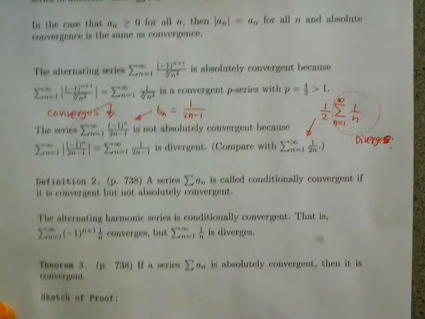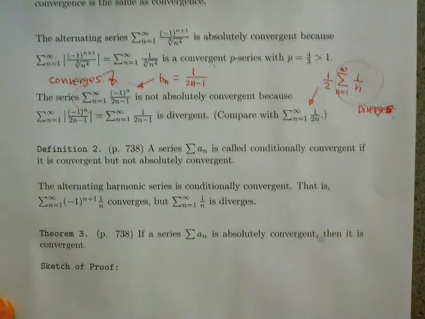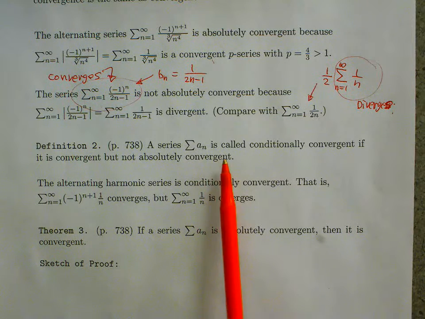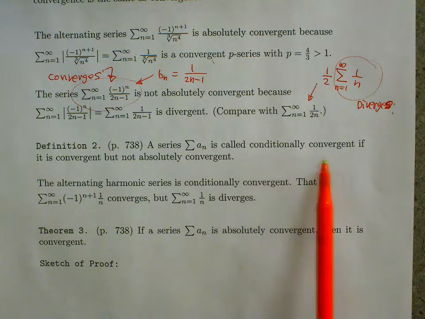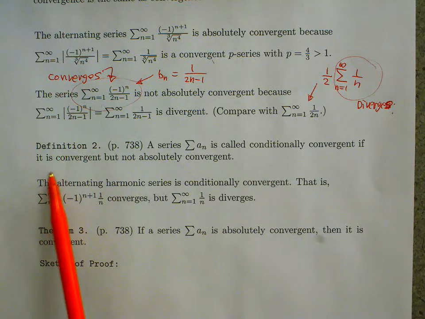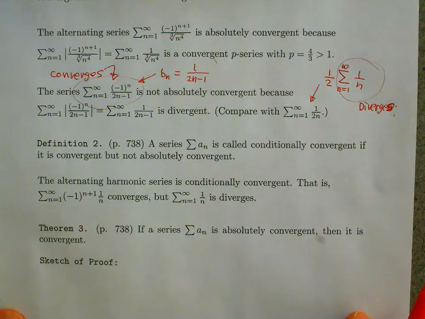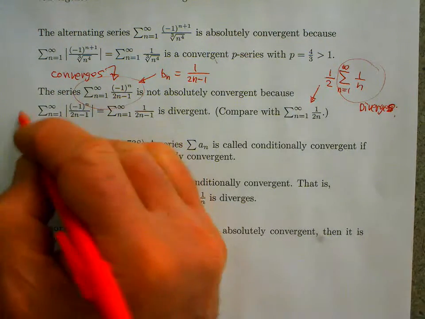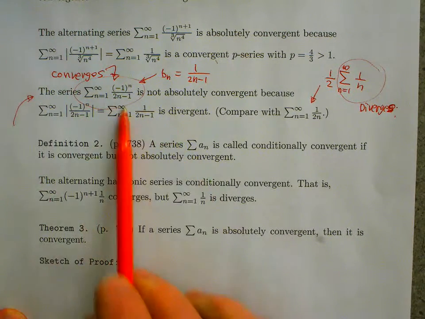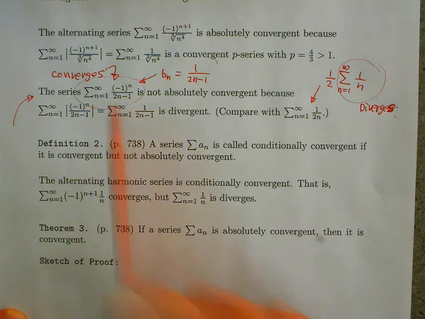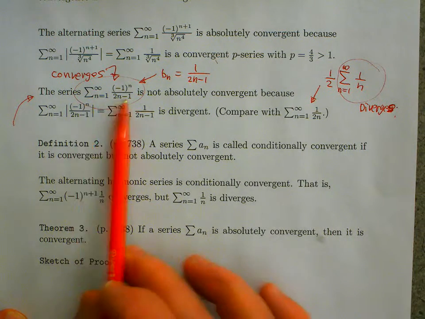Okay, here's another definition. A series is called conditionally convergent if it is convergent, but not absolutely convergent. Okay, so this series is convergent, but not absolutely convergent, so it's conditionally convergent.